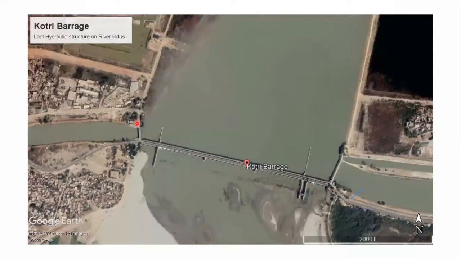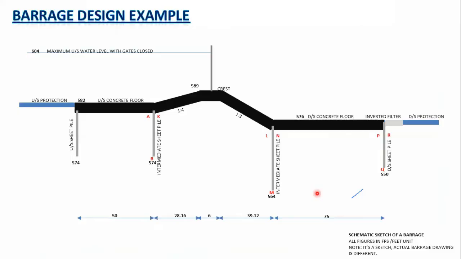These sheet piles may not be visible on this sketch, but along the total width of the barrage, sheet piles are driven on the upstream, in the intermediate below the crest, and on the downstream end of the barrage concrete part. There are several purposes of the sheet piles. One is to hold the soil beneath the barrage structure, and also to intercept seepage flows.